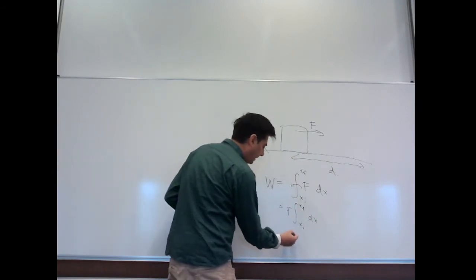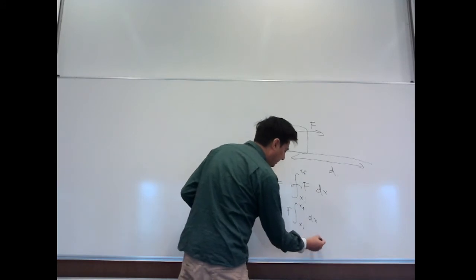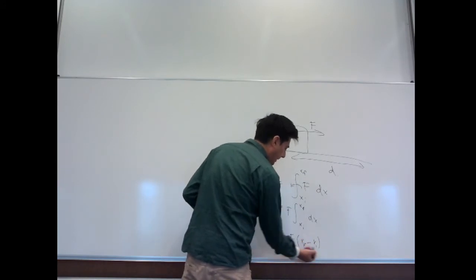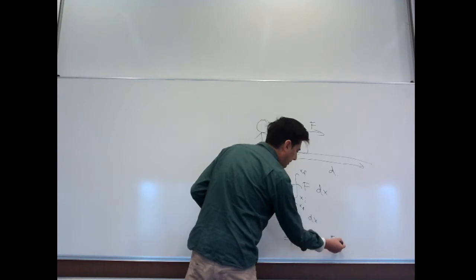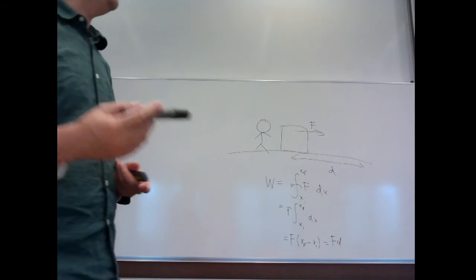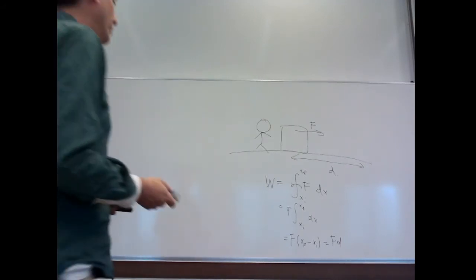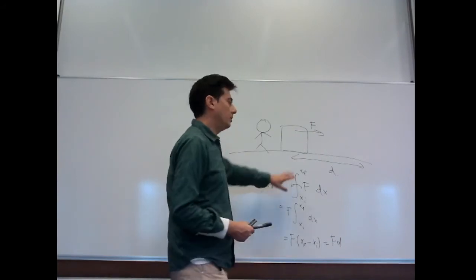The integral of that is just x final minus x initial, and that's the displacement, and so that's force times distance. Of course it's consistent with the usual formula for work. This is just a more general case.